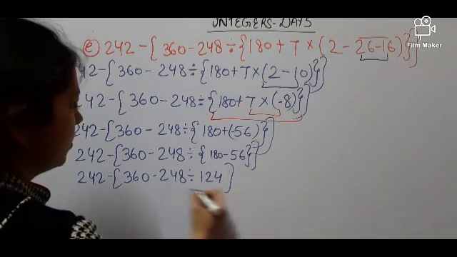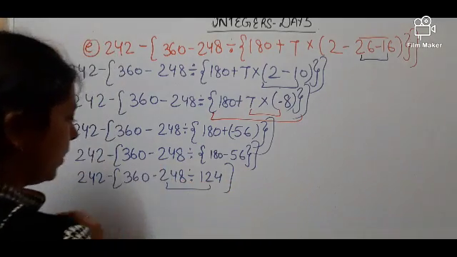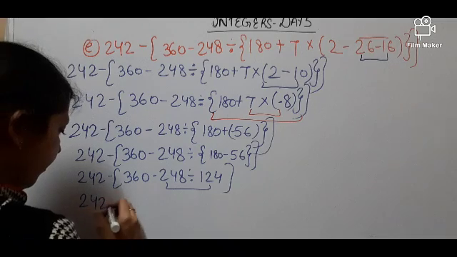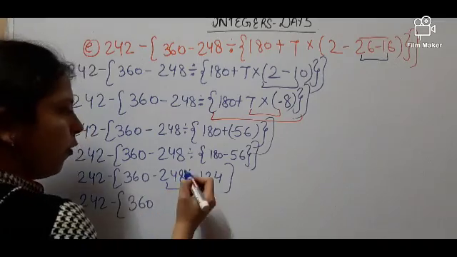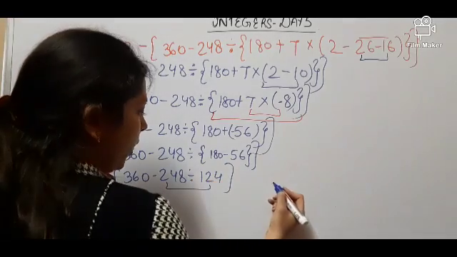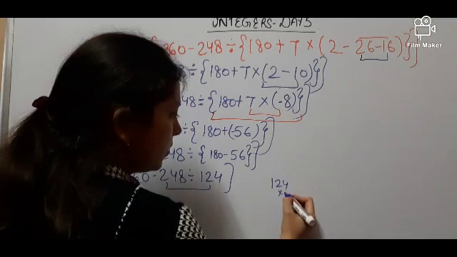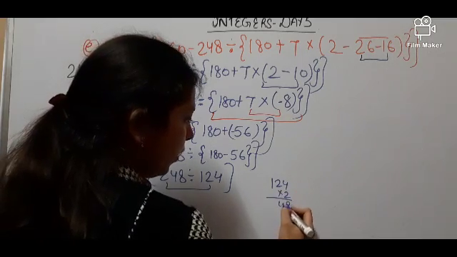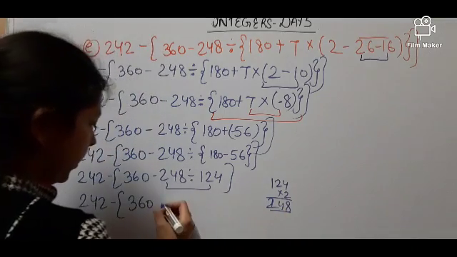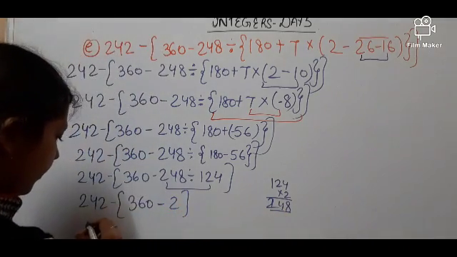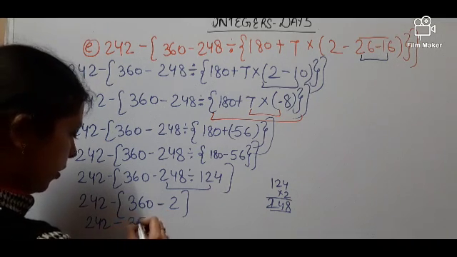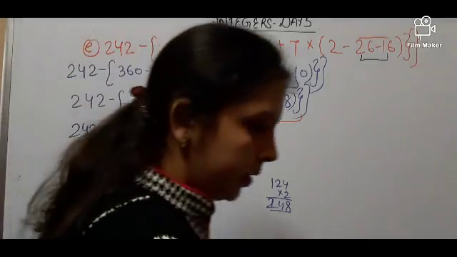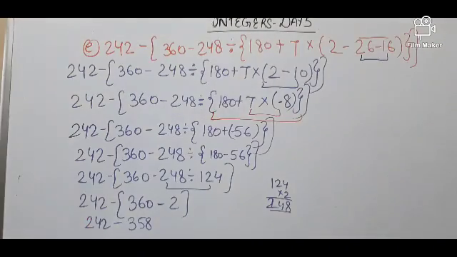Now we have the division sign in the square bracket. So 248 divided by 124 will give you 2, because 124 times 2 is 248. So 360 minus 2 is 358. Next we have to do the subtraction.